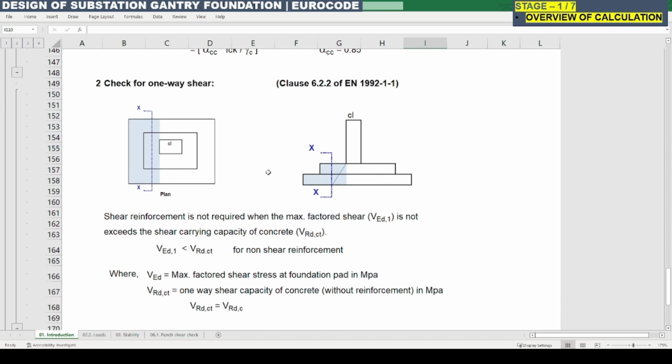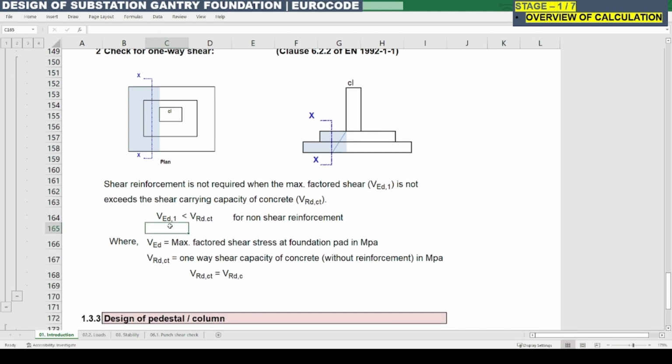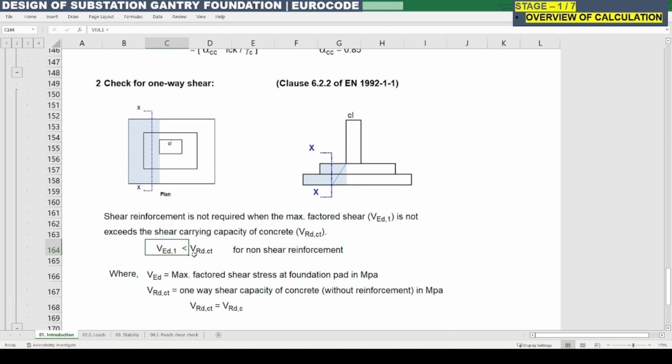And the next one is the check for one-way shear. This should be checked as per clause 6.2.2 of EN 1992 part 1 section 1. Here VED1, that is one-way shear, should not be greater than the VRD CT, so that no shear reinforcement is required. In order to calculate this VED, we need to get the maximum factored shear from the foundation pad, as per structure forces.